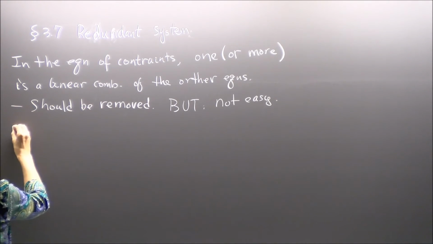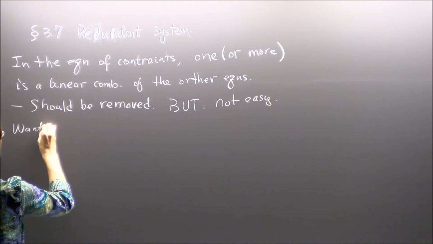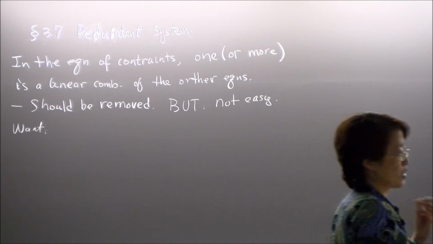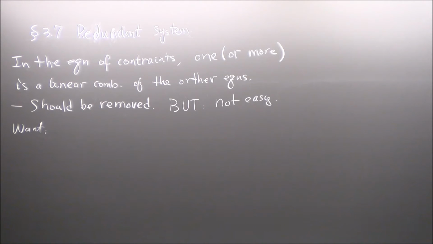So what we really want is the following. Okay, so I want to have some procedure built into my algorithm that can handle this situation. So first, it would help me to detect if a redundancy occurs, and also it will give me a clear idea of how to remove it. I want to build this into the algorithm.